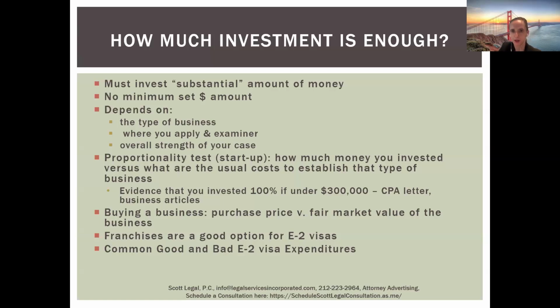Let's say you are starting an IT consulting business and you want to include the car because you will need it to come to your office and back home every day. In that case, we wouldn't include it, because the officers view it as a weak E-2 visa expenditure.